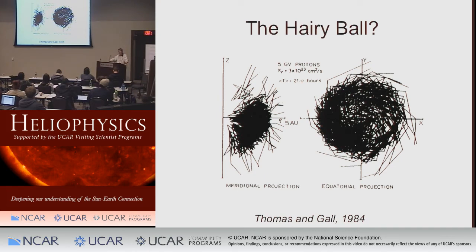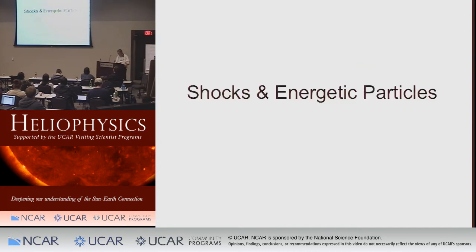One year in our section of the AGU, the SPA section, there was a competition for the worst figure in JGR, and this one actually won it. So I thought it was kind of entertaining.